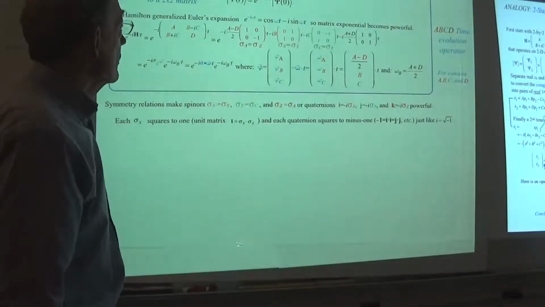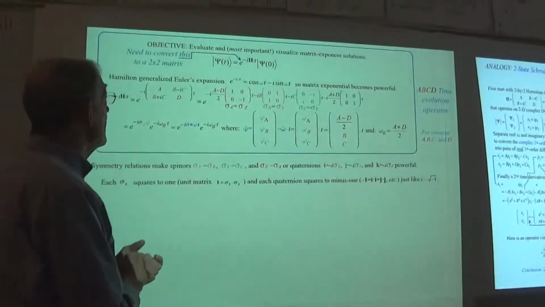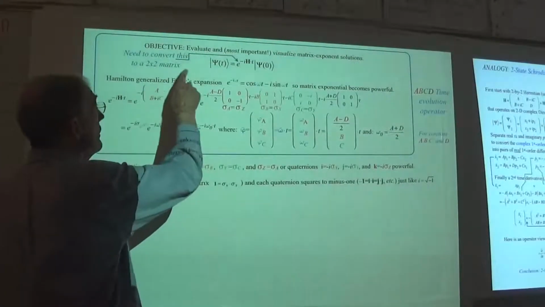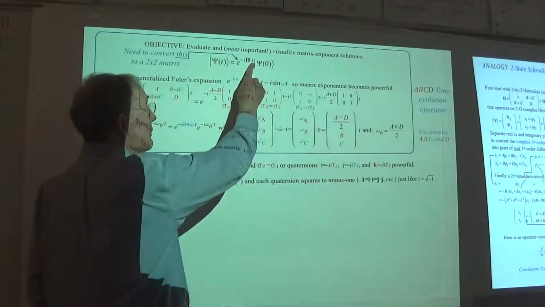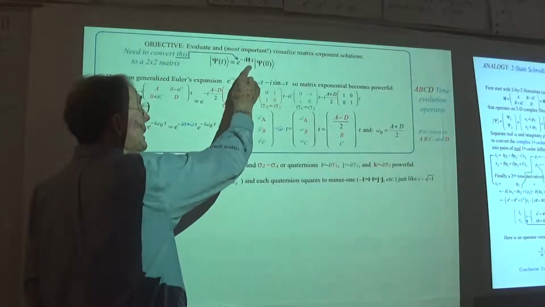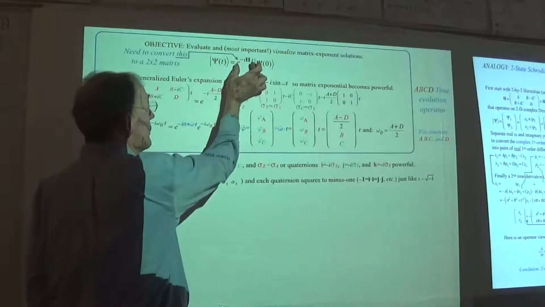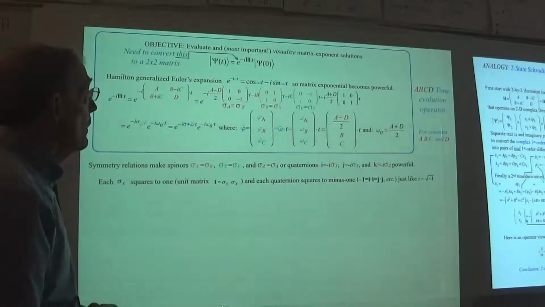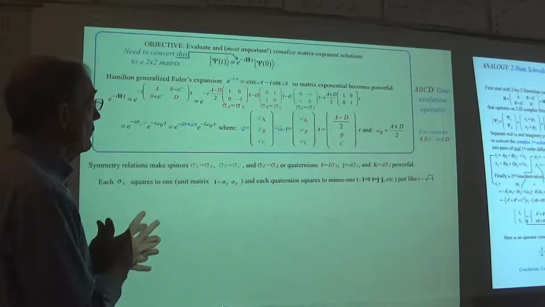So here's the deal. Here's what we need to have. We need a way to convert this exponential of a Hamiltonian times time with a -I to a matrix that we can just read off. We want to get this thing understood.